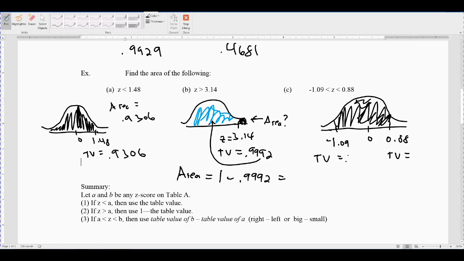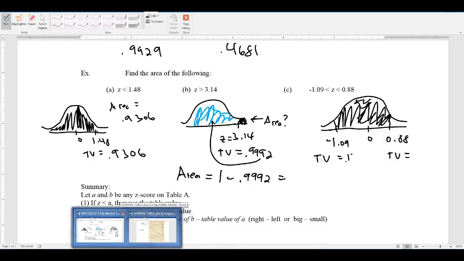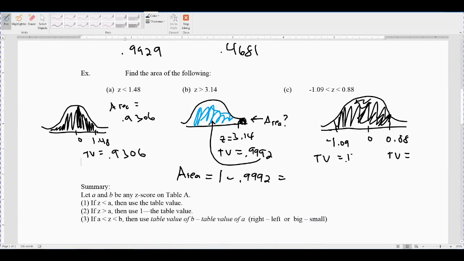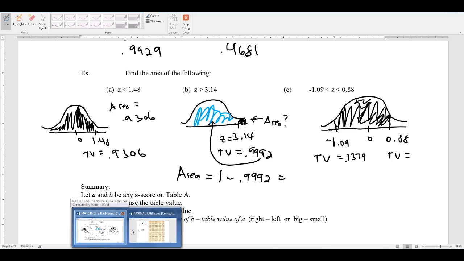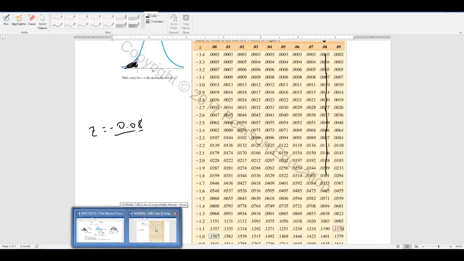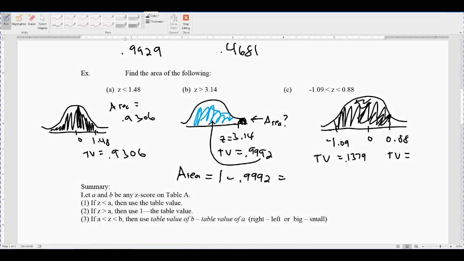I want to make sure we're looking at the negative. Yeah, negative 1.09, 0.1379. Yep, that's good.